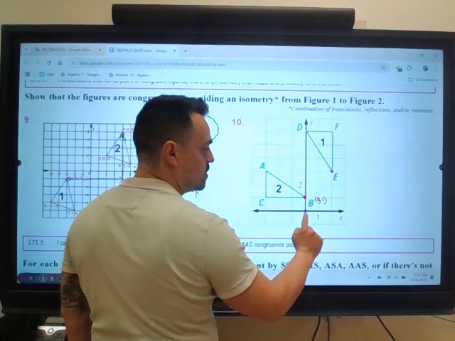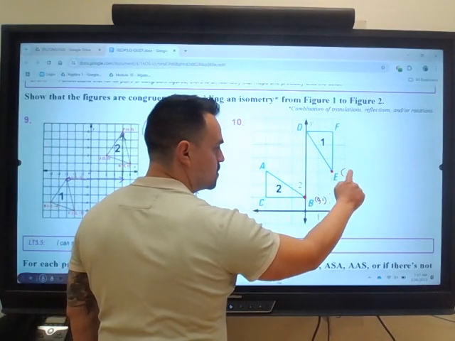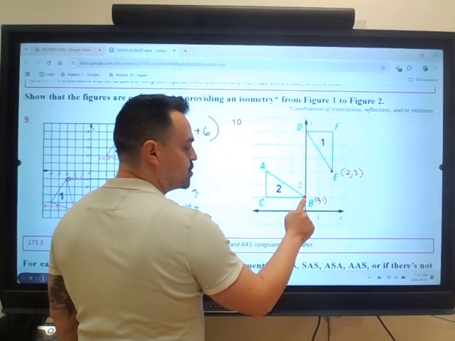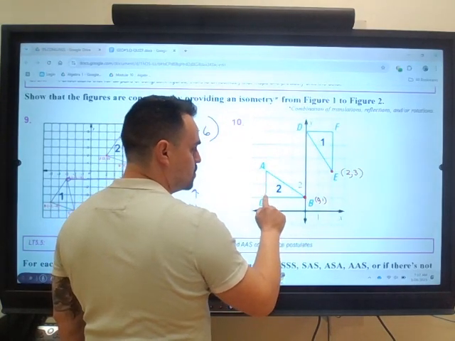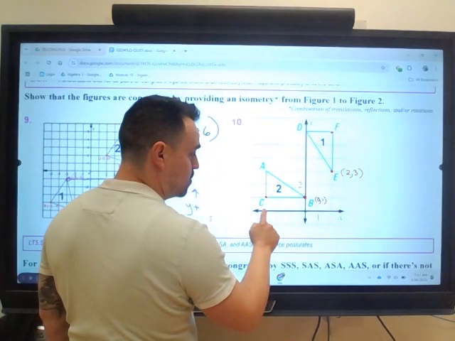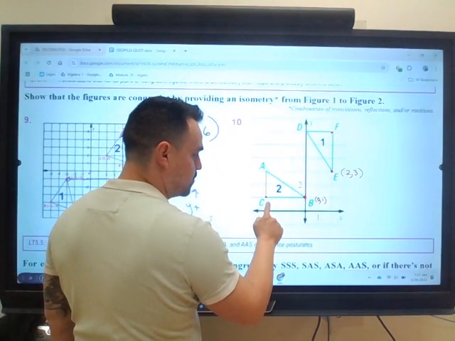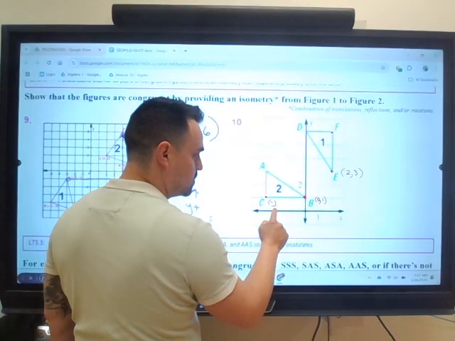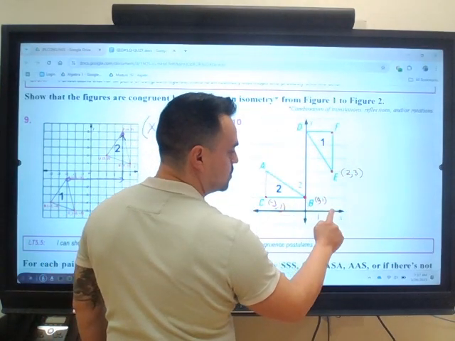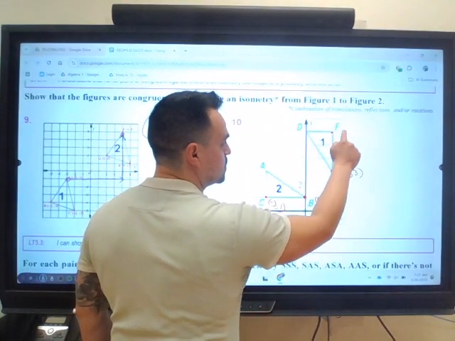And this point here is 2, 3. For us to solve this without the formula is going to take a while. So I might go back on what I said and use the formula after all.